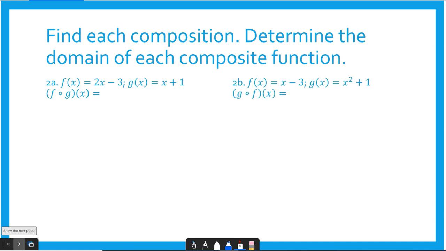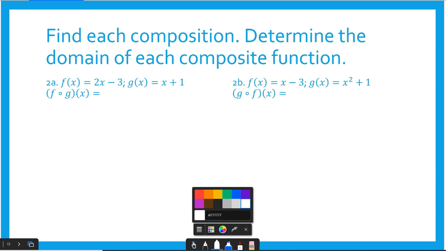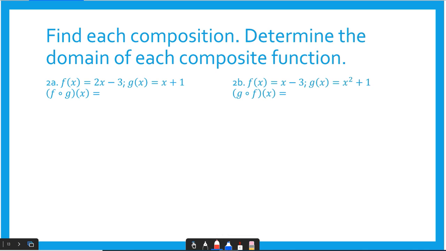Alright, so we want to find each composition and determine its domain. So in example 1, we're going to find f of g of x. So that means I'm going to substitute g of x into f of x. So if f of x is 2x minus 3, that means I want 2 times, instead of x, I'm going to use g of x, which is x plus 1, minus 3.